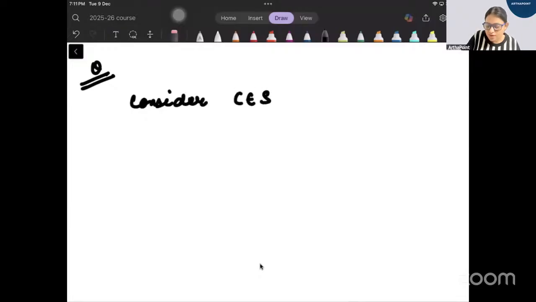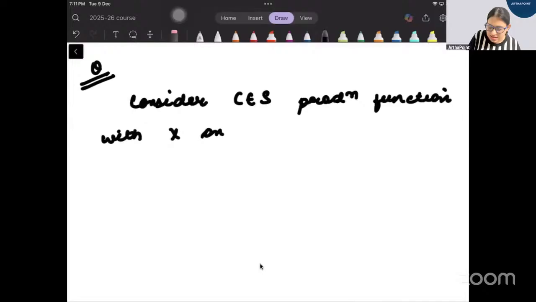So consider a constant elasticity of substitution production function with x and y as inputs.